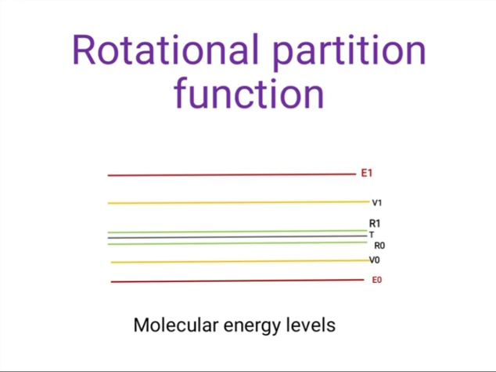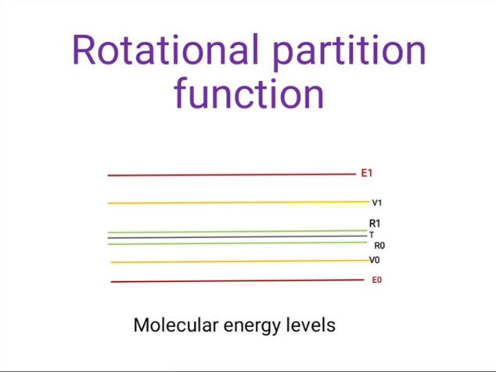And then there are the translational energy levels, which are placed in between the rotational energy levels. As we have seen in the last lecture, these translational energy levels are very closely spaced. Almost they are merged into one another. Therefore, there is no spacing between the translational energy levels.